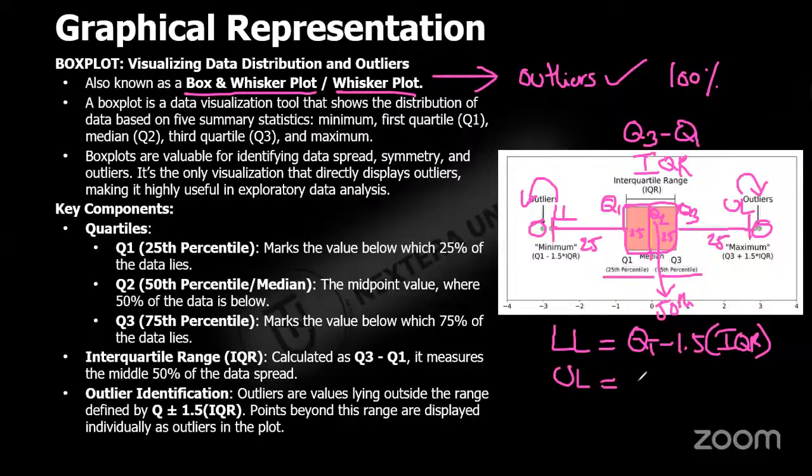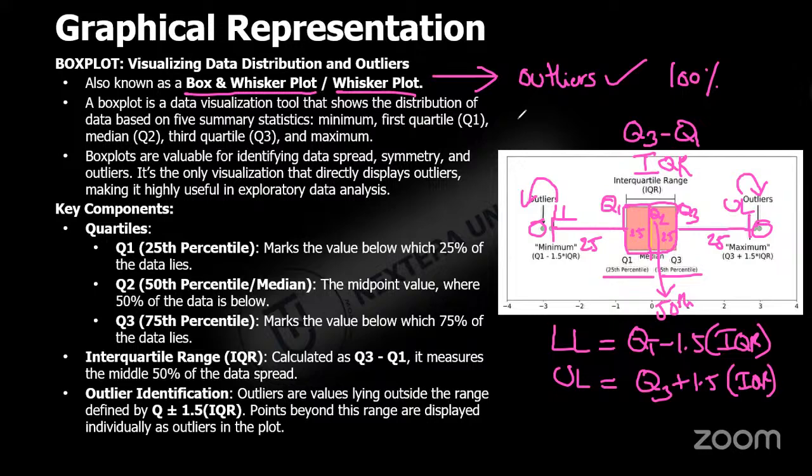Upper limit is calculated by Q3 plus 1.5 times IQR. If the values fall beyond these limits, upper limit or lower limit, they are called outliers. They are treated as outliers.